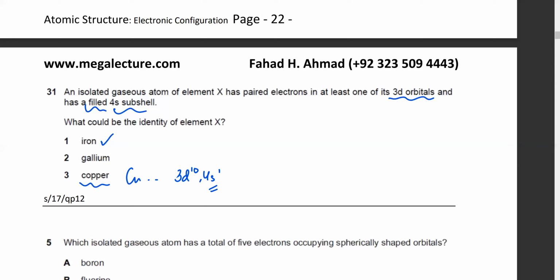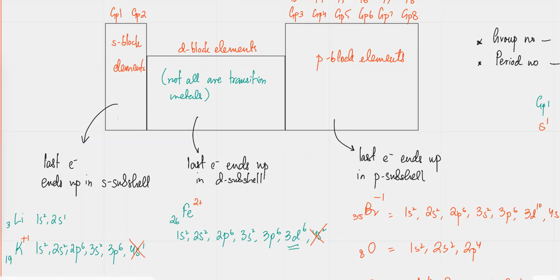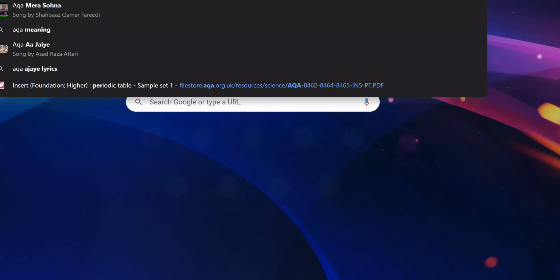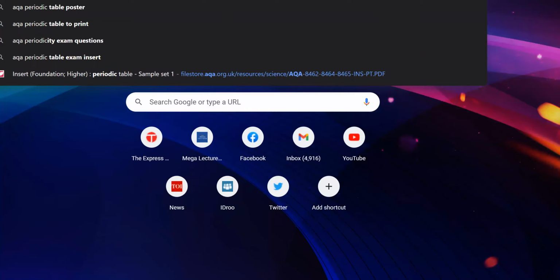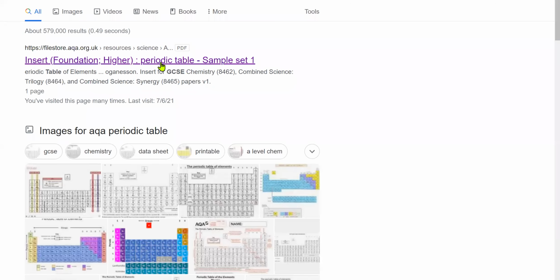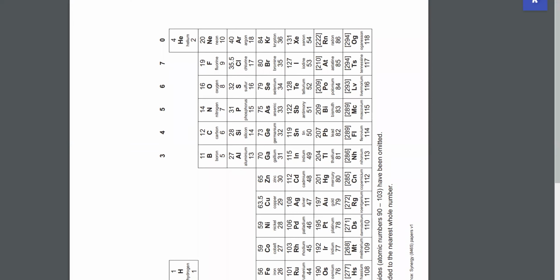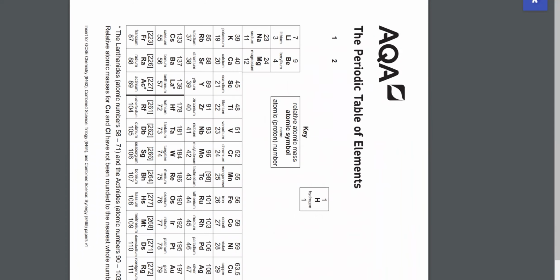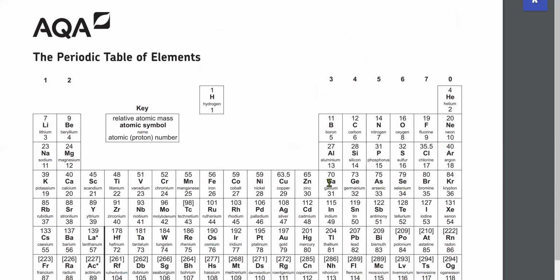What about gallium? We're not sure where gallium is. Let me open the periodic table. So gallium is over here.